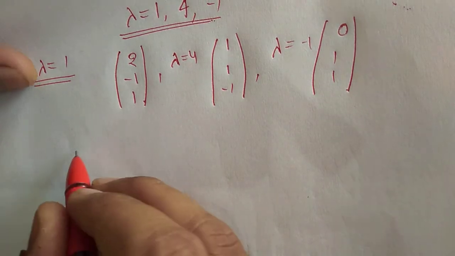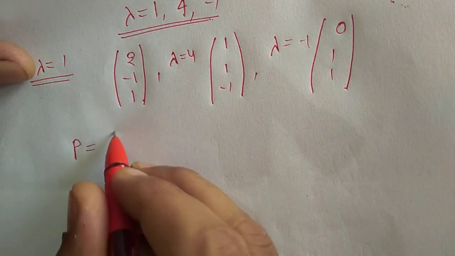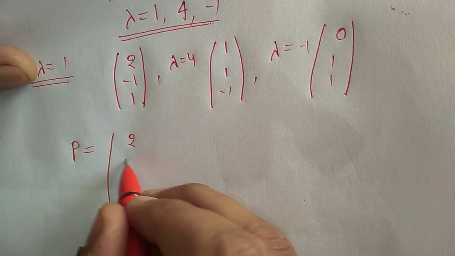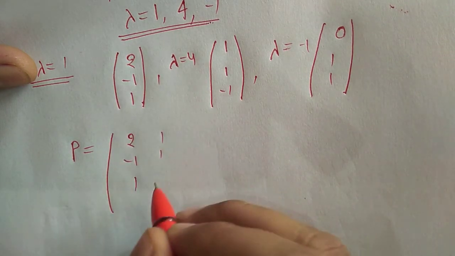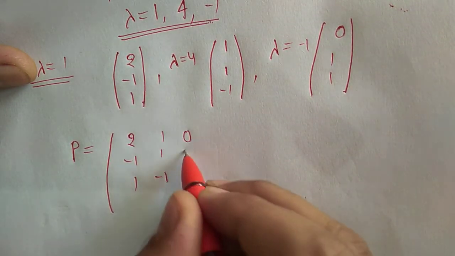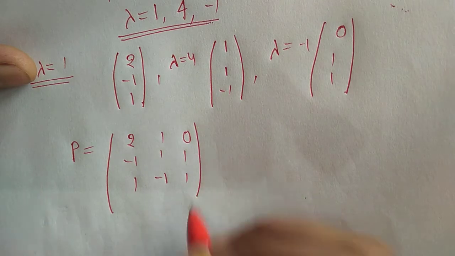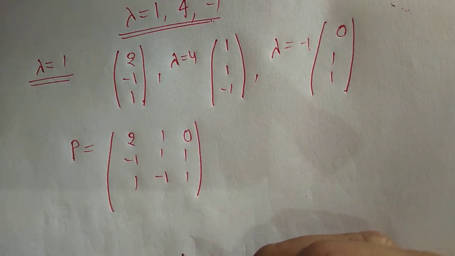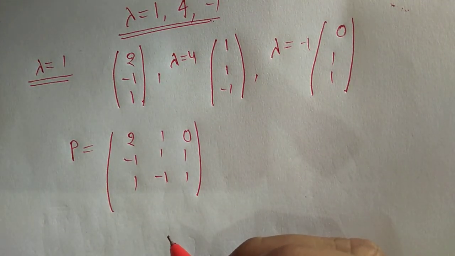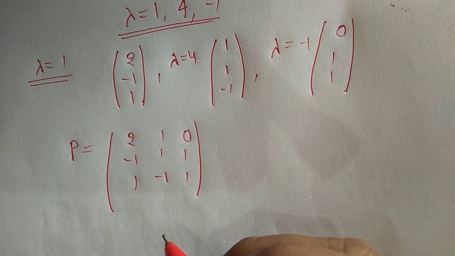So let me write the model matrix P. P will be 2 minus 1 1, 1 1 minus 1, 0 1 1. Now this P is an orthogonal matrix. Since A is a symmetric matrix, the model matrix will always be an orthogonal matrix.